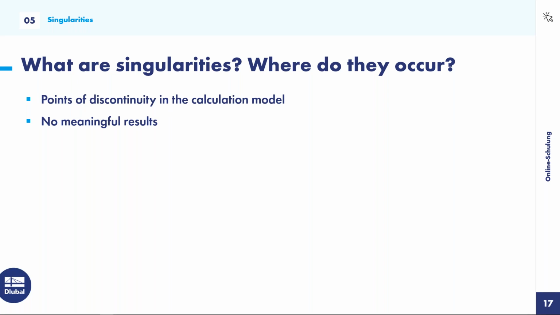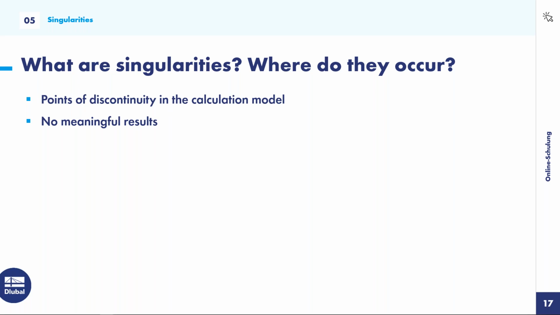And this means when you put any load on a point with 0 size, you get infinitely high loads and internal forces on that very point. And this is what you get basically with a singularity.